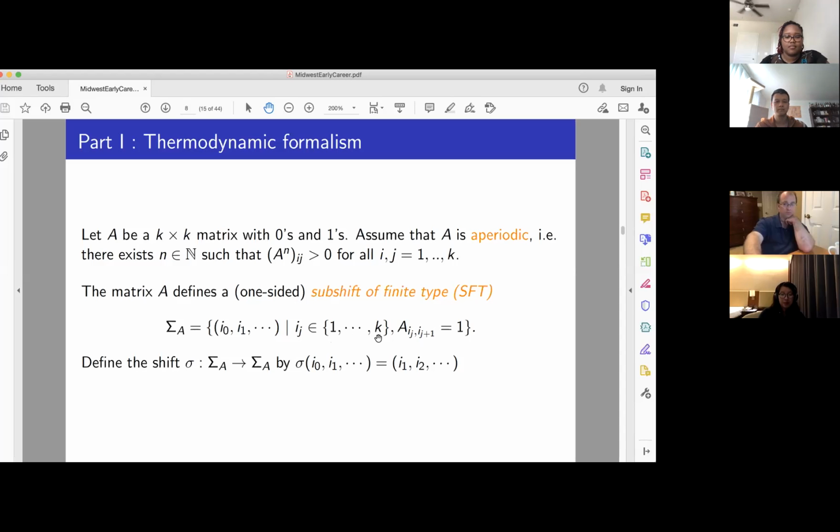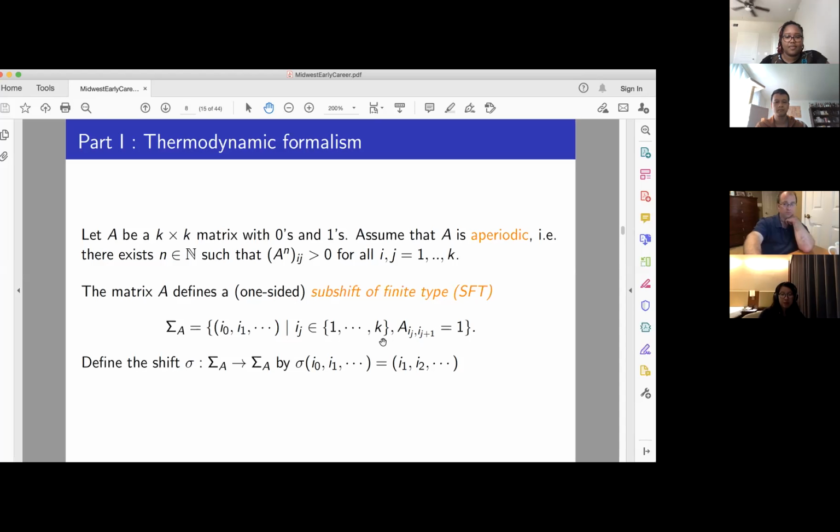And one more condition is that i sub j is adjacent to i sub j plus 1 if the entry (i_j, i_{j+1}) in A equals 1. So basically this matrix gives us a space of admissible sequences, and these are one-sided infinite sequences.